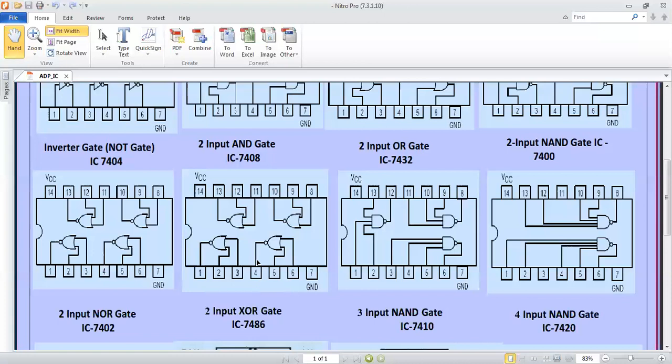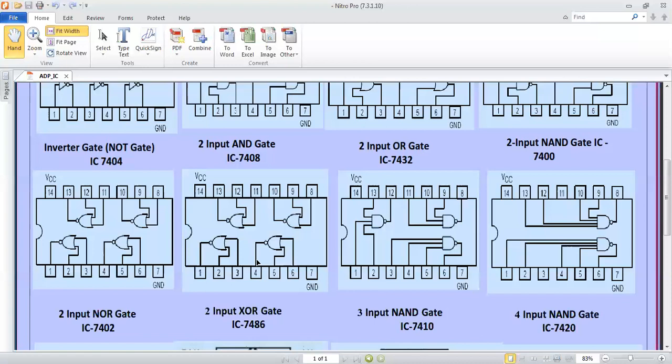Pin 1 is output, 2 3 is input, 4 is output, 5 6 is input, 10 is output, and 8 9 is input. Once again, 11 12 input, and pin number 13 is output. So that is the construction of XOR gate.